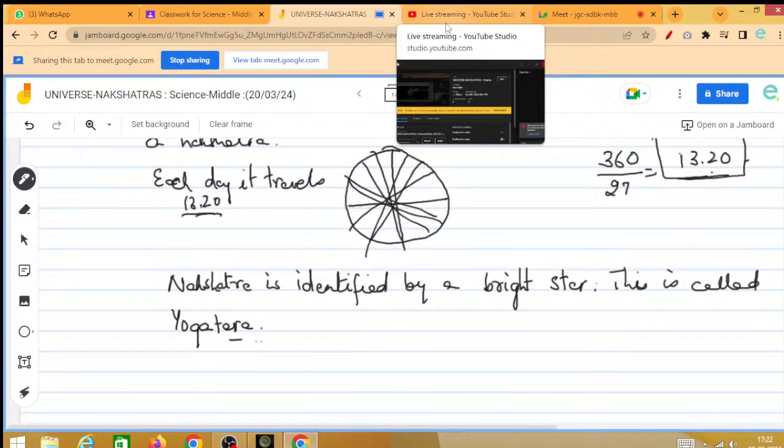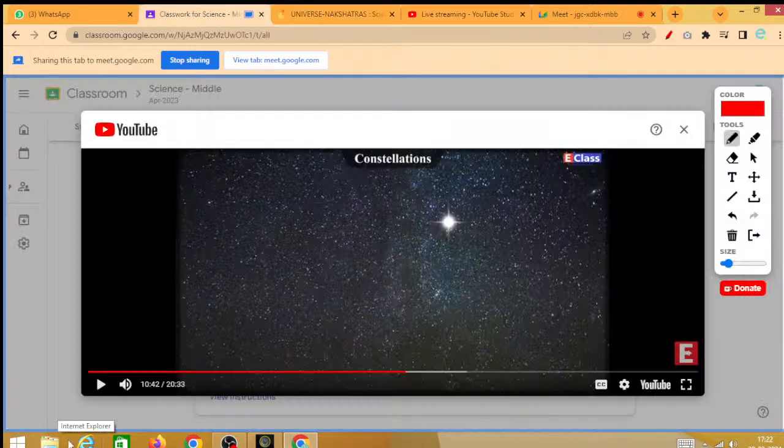Which nakshatra we can see during a sky watch depends upon the position of the earth along its orbit. So what does this mean? All the time we cannot see all nakshatras in the sky. Which one we can see depends upon the position from the earth.